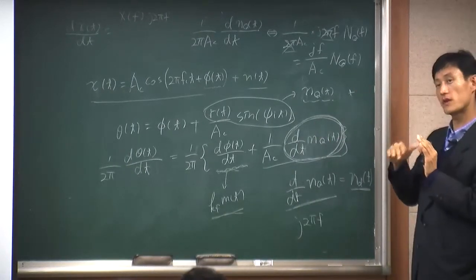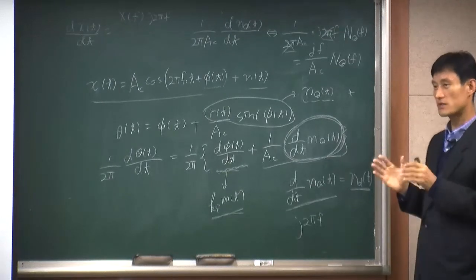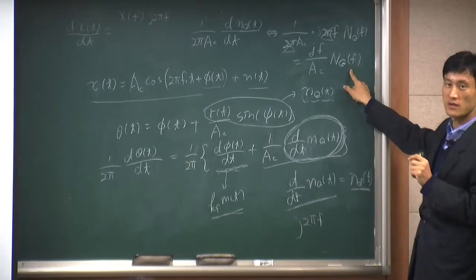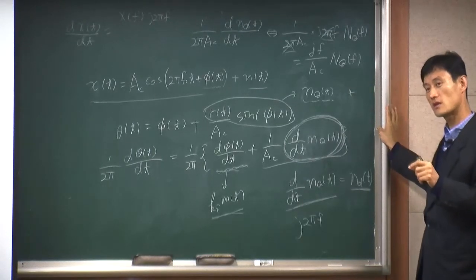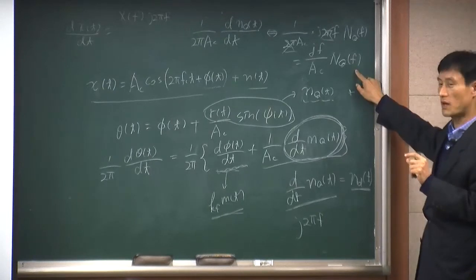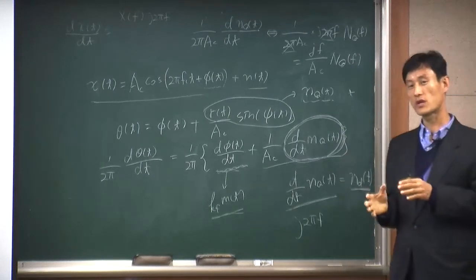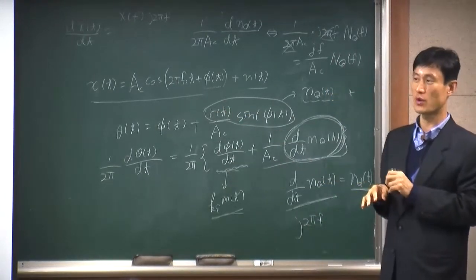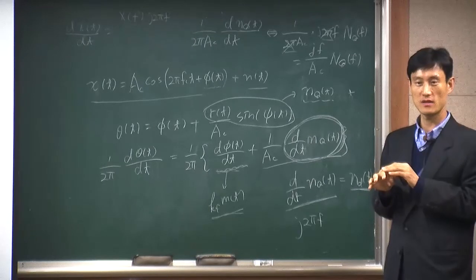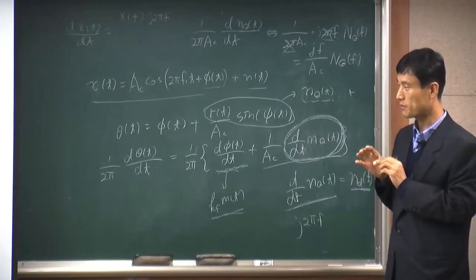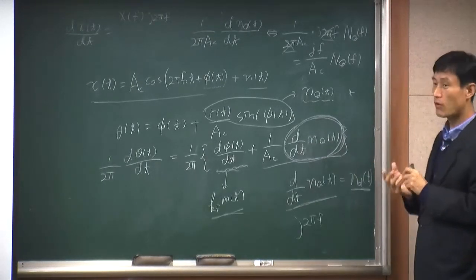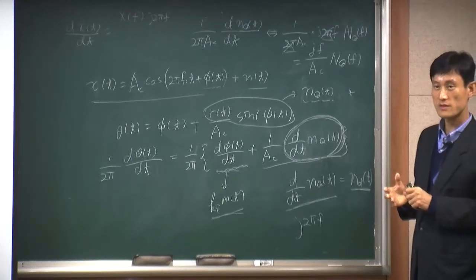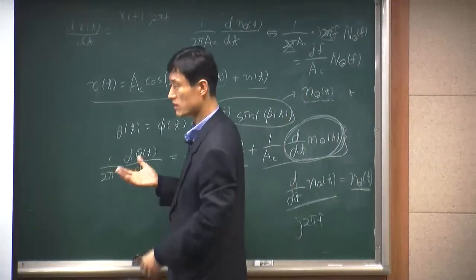N_q(f) is the frequency response, and we are not interested in the noise frequency response. Instead, what we're interested in is the noise power spectral density. This is not power. So we always want to look at the power spectral density. Remember that earlier in the AM case, we also looked at only the power spectral density, right? So in order to get the power spectral density, we need to take the square of this. That's how to calculate the power spectral density.